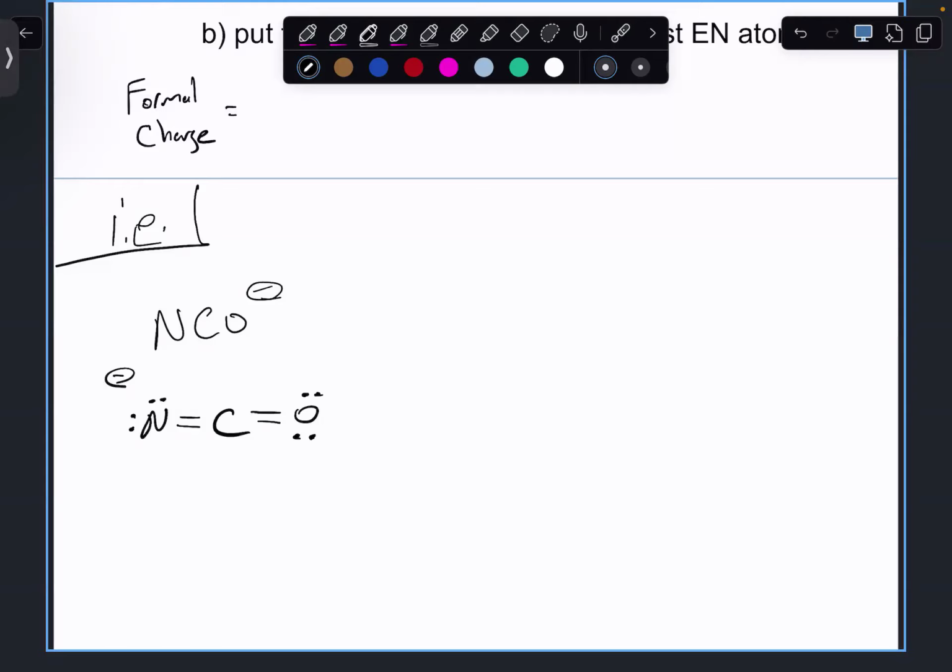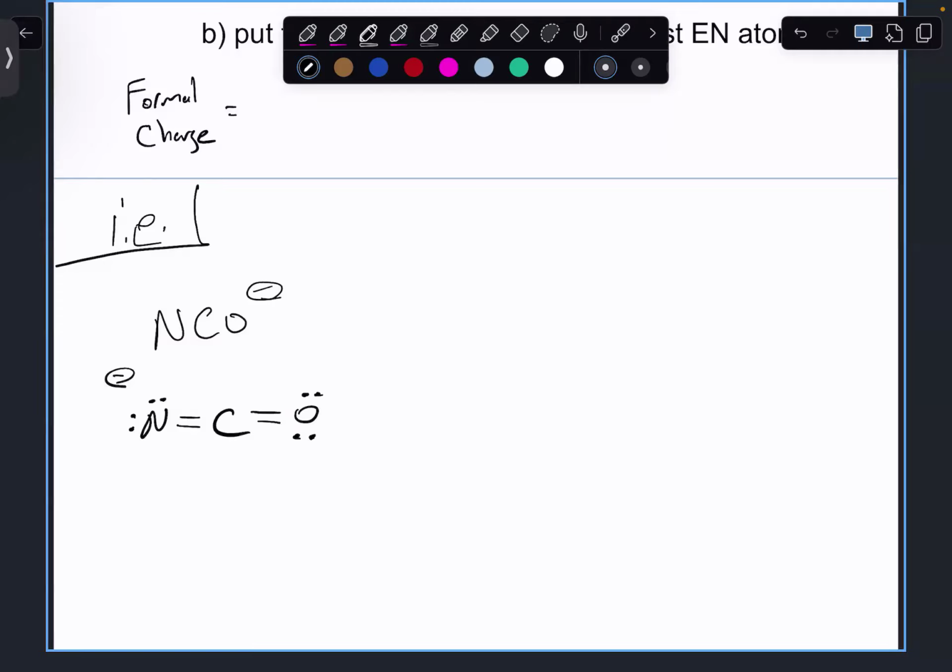Now you don't necessarily have to do the formal charges of every single atom in every single resonance form. The reason I say that is because we know what the normal valences of atoms are. Look at the carbon, for instance. Is that carbon in its normal valence state?